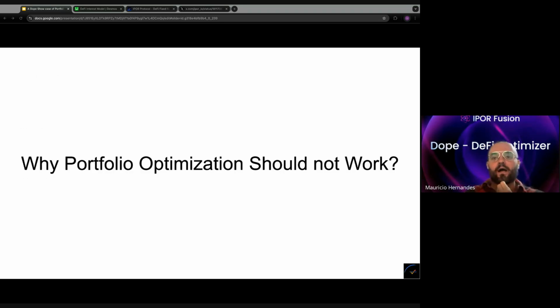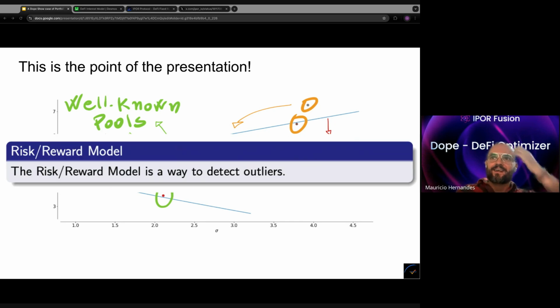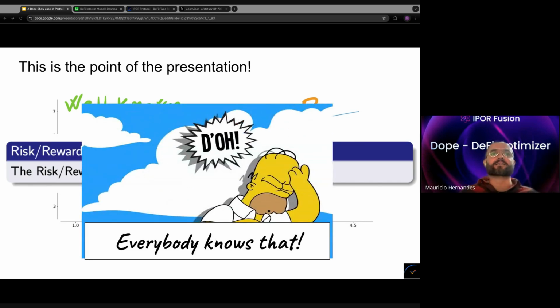So okay, why should portfolio optimization not work on DeFi? Imagine that I come to you, while you're doing your investment strategy, and say, hey buddy, it turns out risk-reward modeling works very well in DeFi. You're going to say, duh, of course it works, everybody knows that.